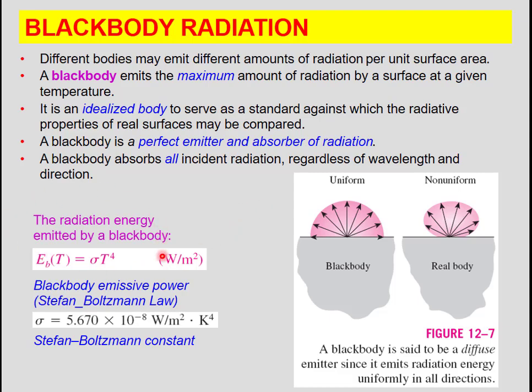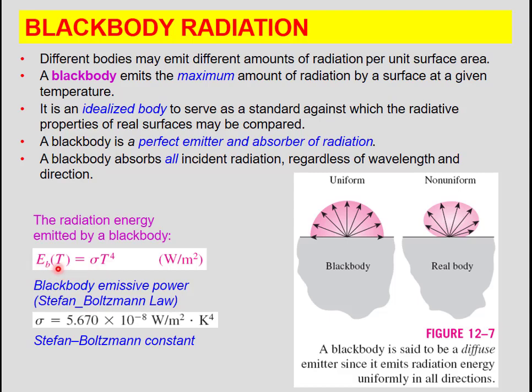Then we can calculate the radiation energy emitted by a black body, an idealized body actually. So the radiation energy, E_b, of an object with temperature T will be equal to sigma T to the power 4. We had this equation in a previous chapter as well, sigma T^4 if you remember, but here we have a new definition for that.